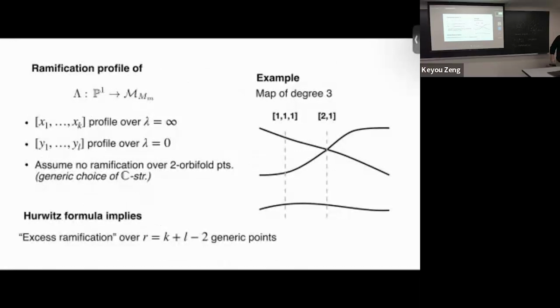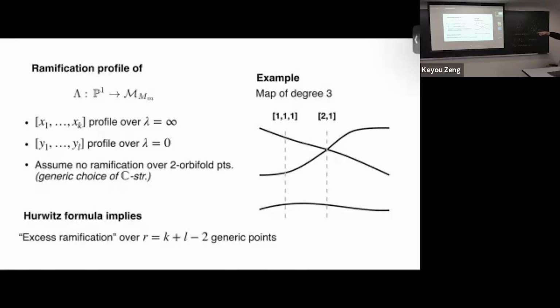So what do we do to analyze the ramification profile? Well, we consider this morphism from P1 to the moduli space. We need to record the information about the ramification. So what we do is ramification over the special points is what really matters for us. And so we need a recipe for it. So for example, on the right, you see if we have a map of degree 3, so those are the 3 sheets right over the base.